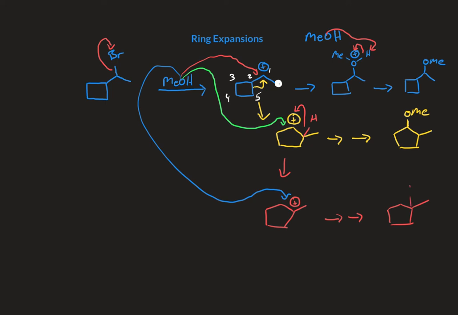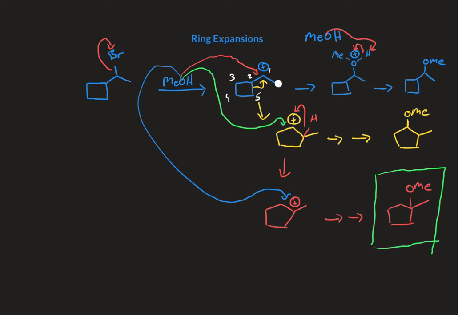To form that methyl ether. And so almost certainly all 3 of these products are formed. I expect this to be the major product. Ring expansions from 4 to 5 member rings are fast. There's a lot of ring strain in a 4-member ring.